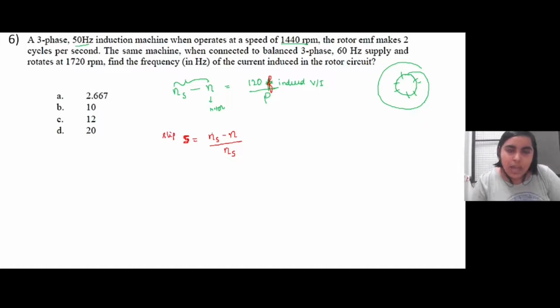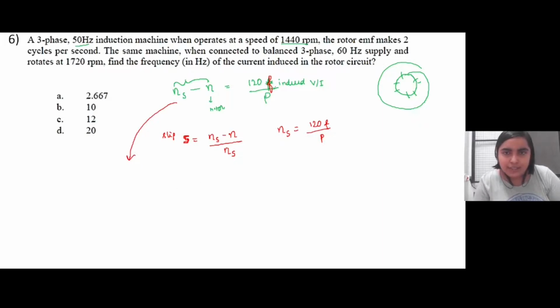Yes. And in the previous lecture we have seen the stator speed can be calculated as 120 f by p, where f is the supply frequency, right? Yes. So if we write this, let us take all of it on this side.